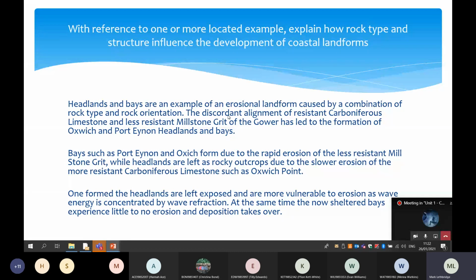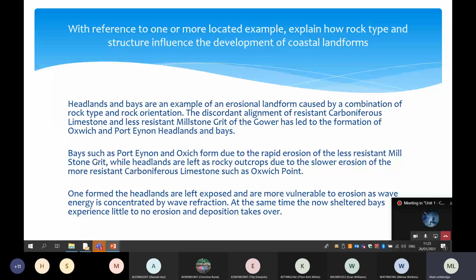From there, you just start name dropping. So if you think about it, that very first point was bays have formed due to the rapid erosion of less resistant rocks, where if you look at it, bays such as Port Eynon and Oxwich form due to the rapid erosion of less resistant millstone grit. That first half of a sentence is the first section of the description from the booklet.